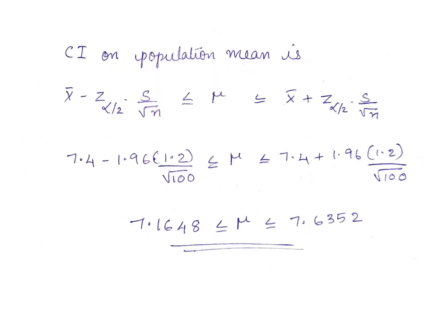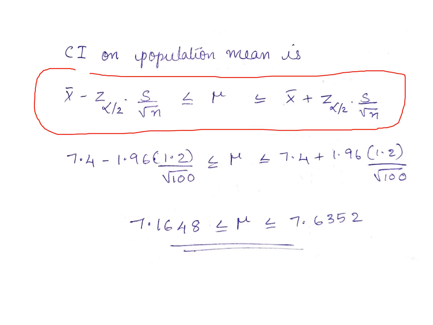For a larger sample, the confidence interval on population mean can be identified as x bar plus or minus Z alpha by 2 into S by square root of n. Instead of population variance, we are using the sample variance. By substituting the values in the equation, we obtain the corresponding confidence interval as 7.1648 less than or equal to mu less than or equal to 7.6352.